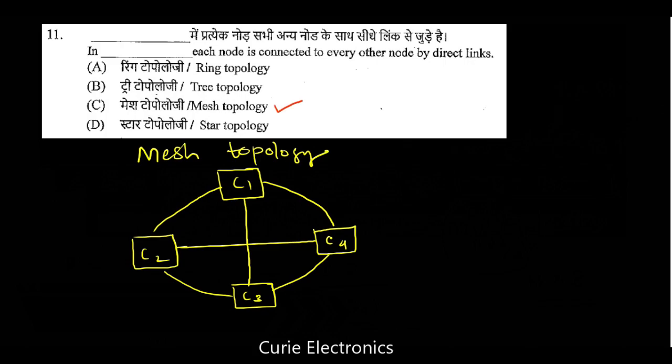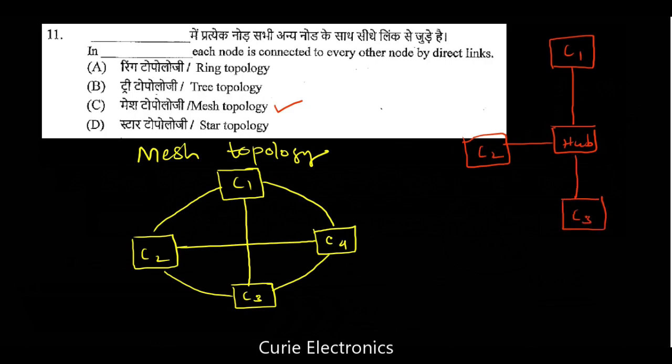Then what about a ring topology? In a ring topology, we'll have a ring shape. In star topology, there will be a hub, with different systems connected to it: C1, C2, C3, C4. This is the star topology.